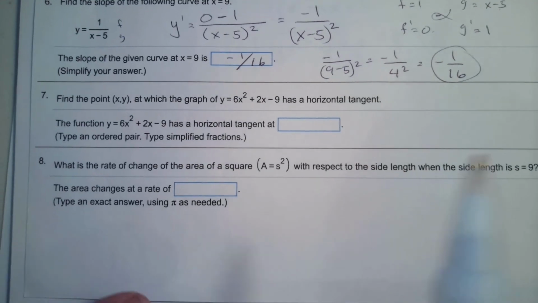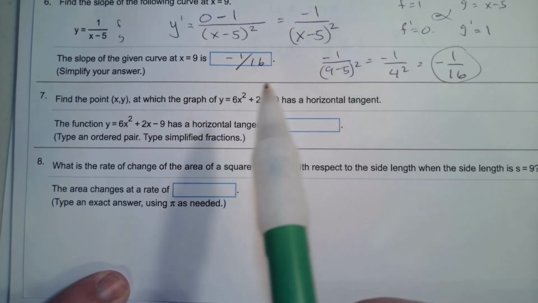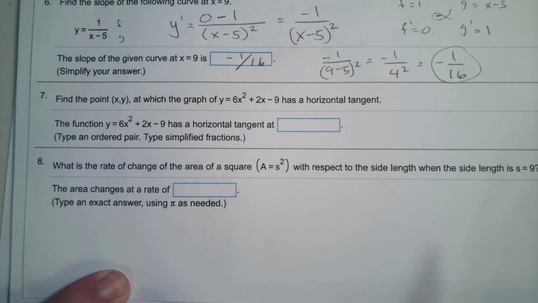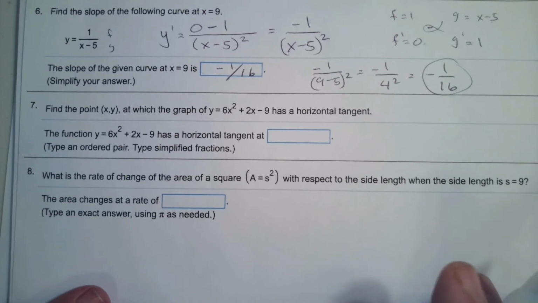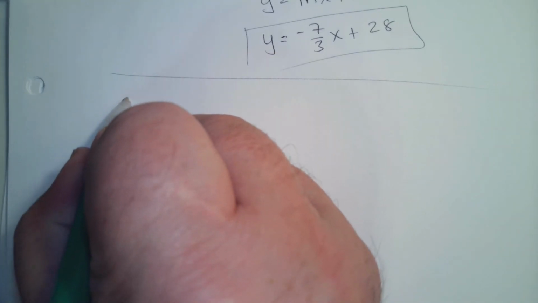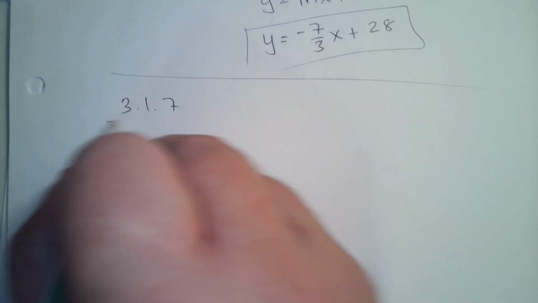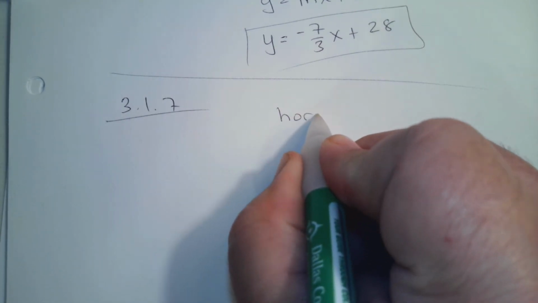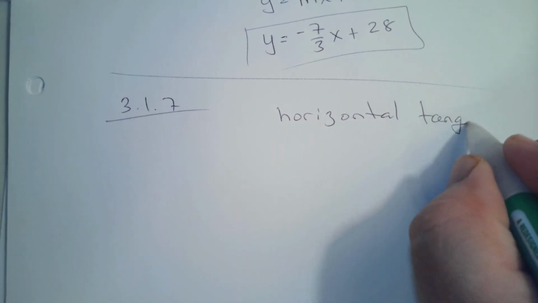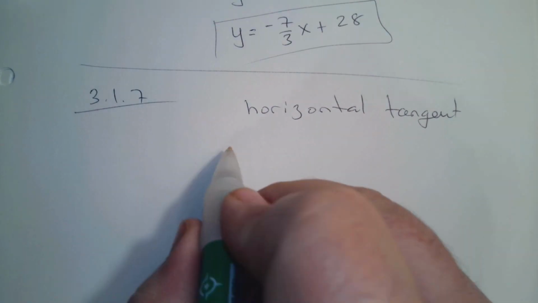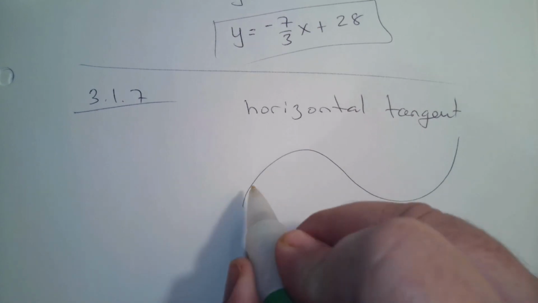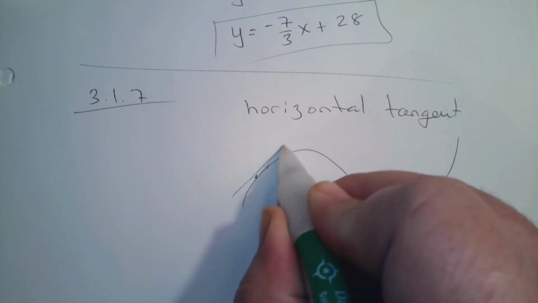All right, number 7. Find the point x, y at which the graph has a horizontal tangent. Let's see what that means. 3.1.7. Horizontal tangent. If we have a curve, up here it's a positive slope.